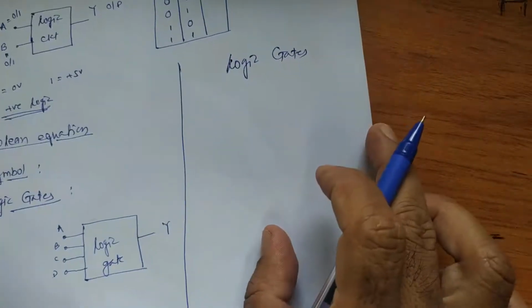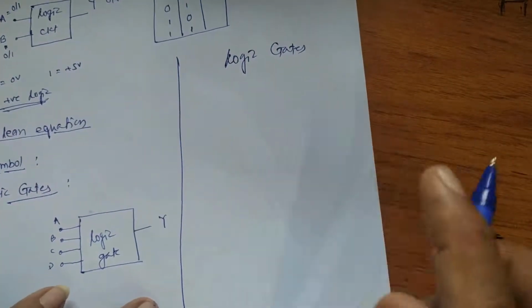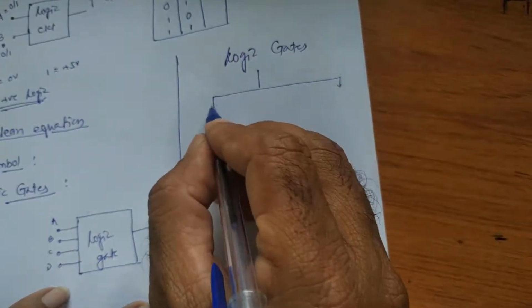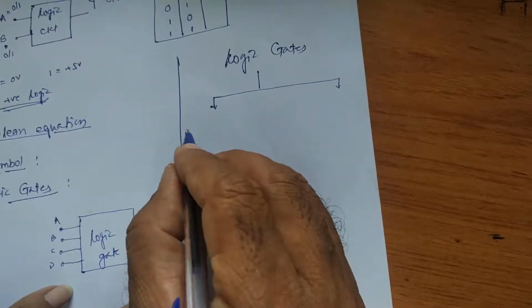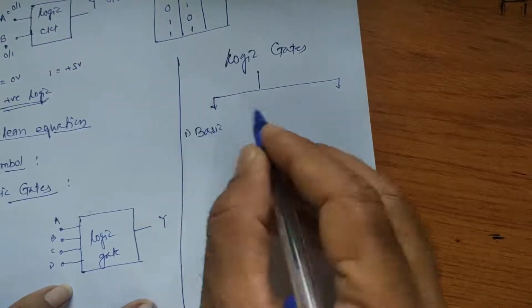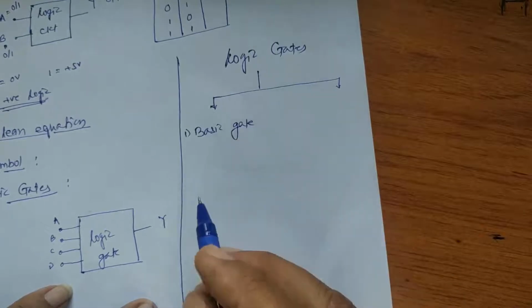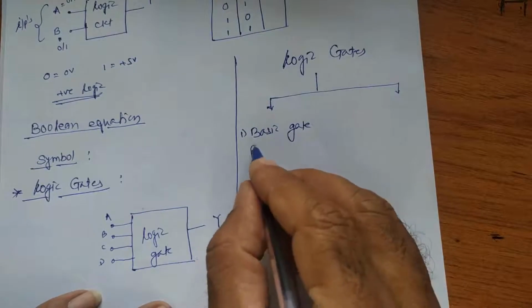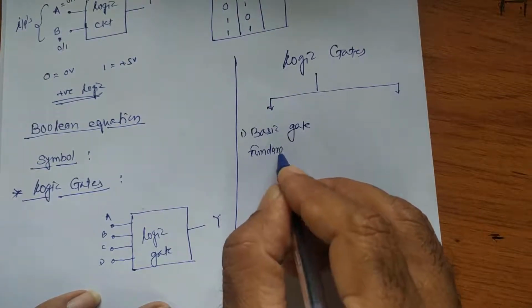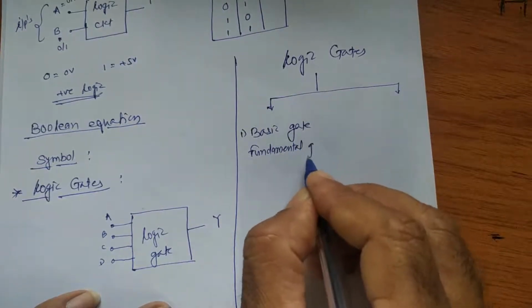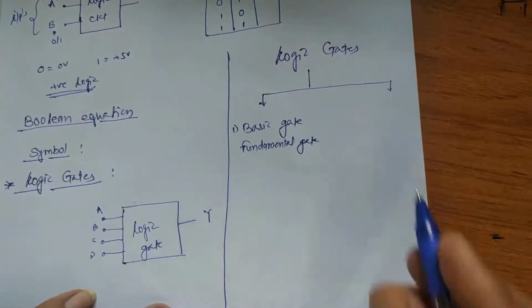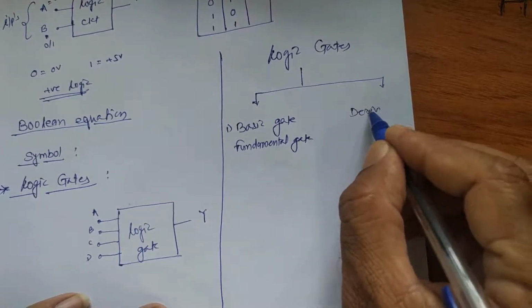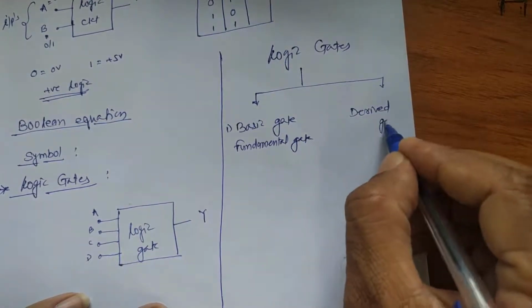There are two types of gates. First, basic gates, which are also known as fundamental gates, and the second type is derived gates.